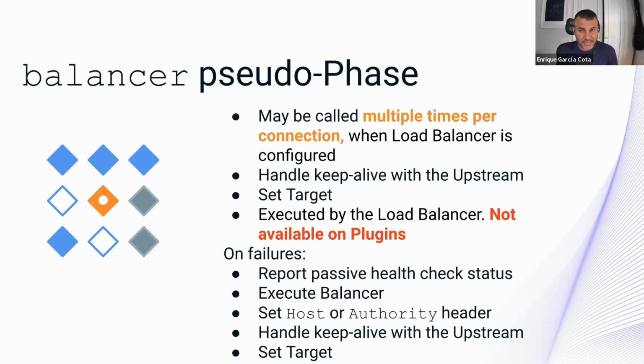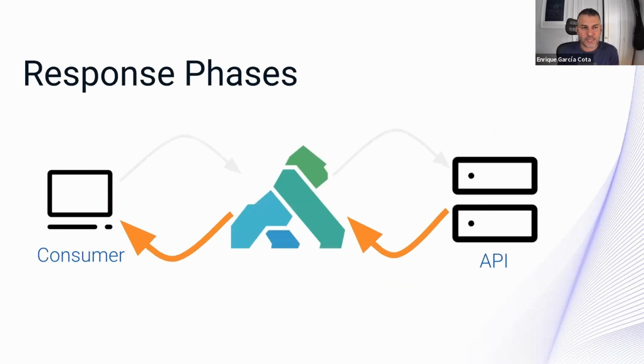So that is why we call it a pseudo phase. Since it happens inside the content phase, we cannot, for now, make it available for plugins. And when a failure happens, a series of not very important things happen. You have this as a reference if you need it.